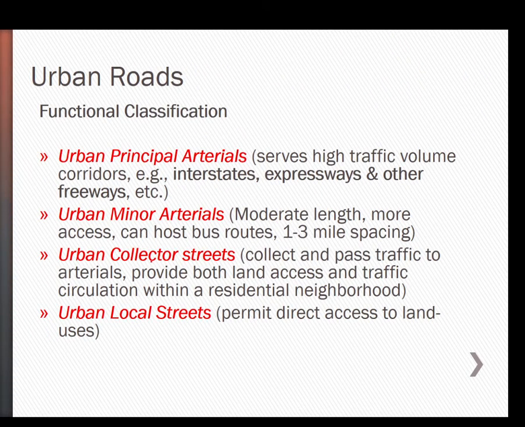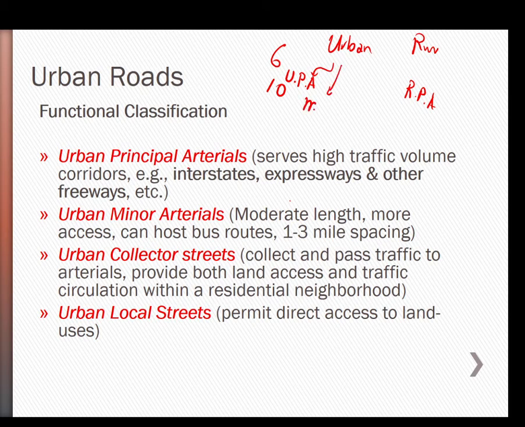Now, let's move to the complete classification. Remember we had 6? We're going to make this 6 actually 10. What do I mean by that? Number 1 is either urban or rural. For the arterials, we divide them into principal arterials: urban principal arterials and rural principal arterials. The second one we define as the interstates, expressways, and other freeways. And the new one here is the minor arterial, also urban or rural.